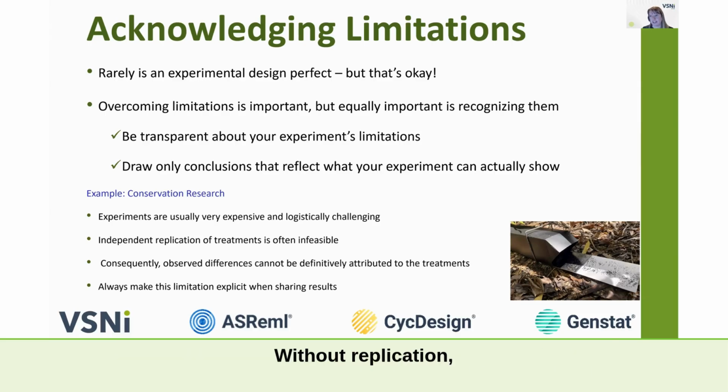Without replication, we can't definitively attribute observed differences to the treatments. Rather, we must interpret the results as descriptive and make this limitation really explicit when we are describing and sharing the results of our study.